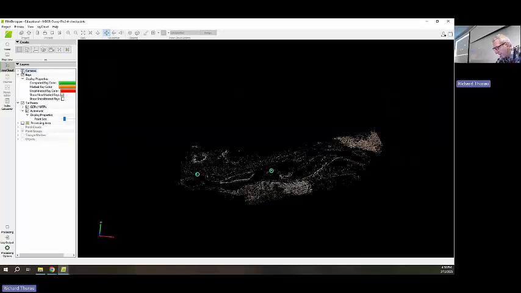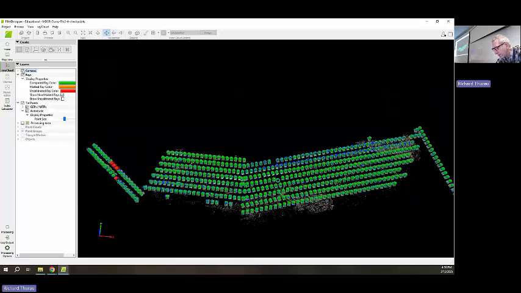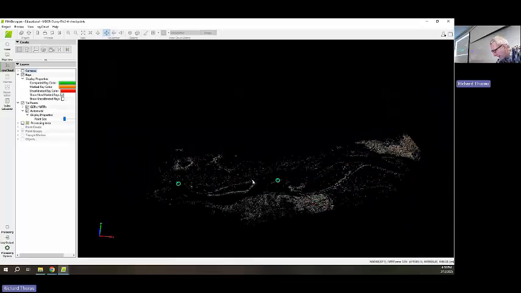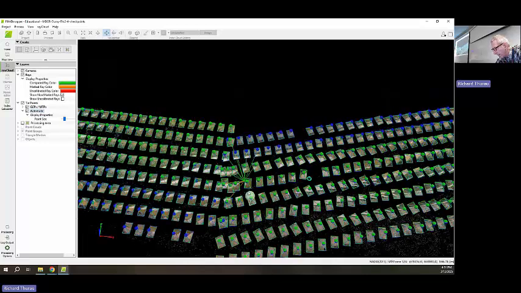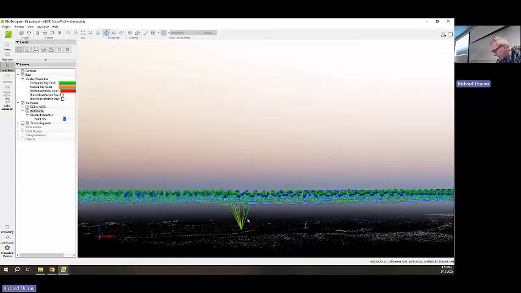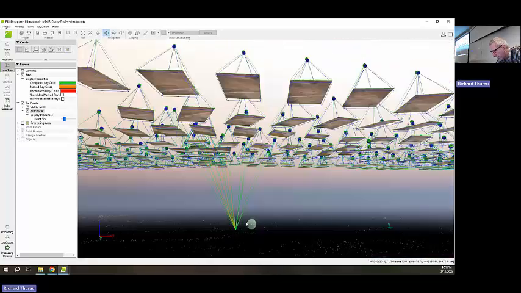So if I turn on my cameras, actually it's easier to select a point with the cameras off. And so if I just click on one of the points in the sparse cloud, now I turn my cameras on, I can actually see all the cameras that are tied to that particular point, right? So there's a bunch of them.